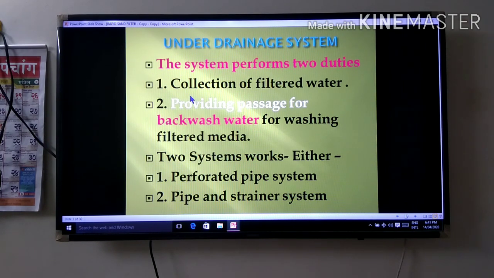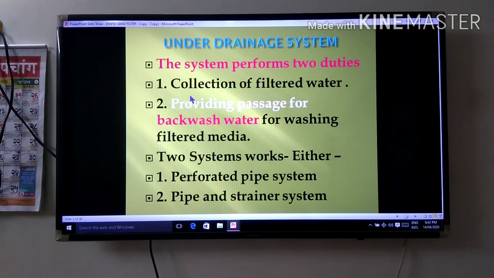Second, providing a passage for backwash water for washing the filter media. Now, the question arises, what is meant by backwash water? We already learned through the visit, but still we have to learn through this video. Two systems work: either a perforated pipe system or a pipe and strainer system.